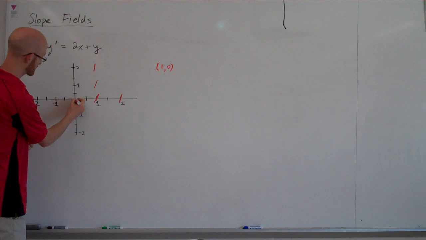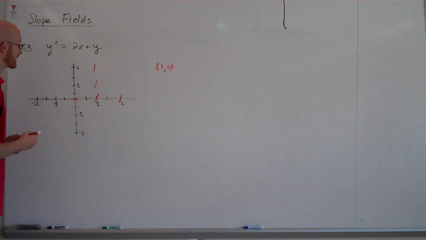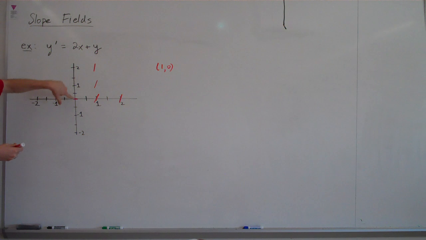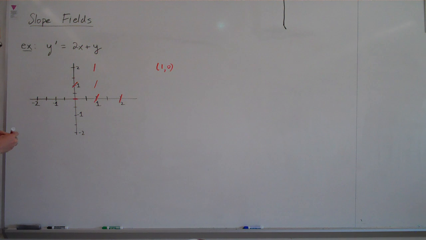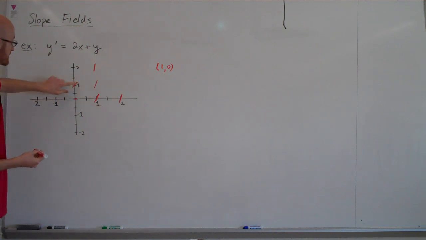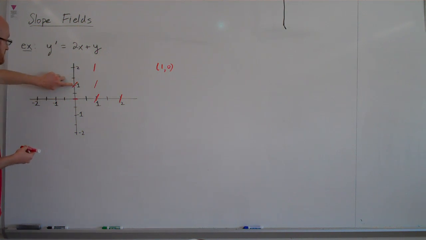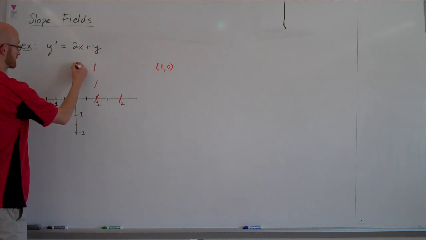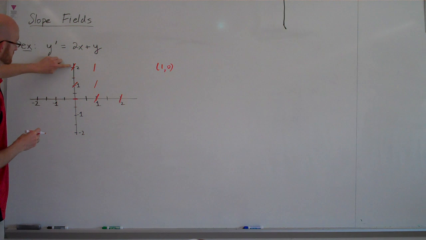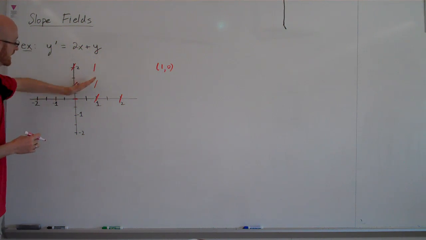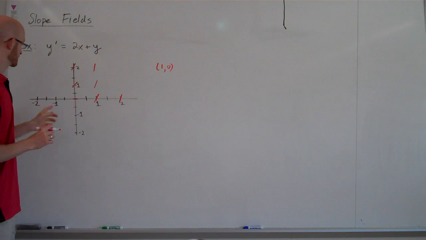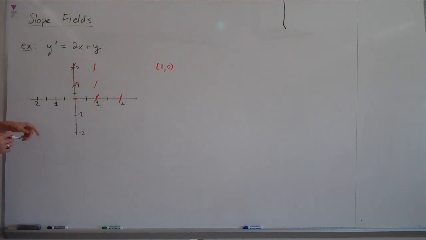So I'm just going to leave a little line segment there to say at 0, 0, the slope is 0. 0, 1 would have a slope of 1, which if you look at my lines, is noticeably less steep than that one. 0, 2 would have a slope of 2. Again, less steep than that one. And you start to get an idea for how this thing is behaving. We'll do a little bit more of that in a second.